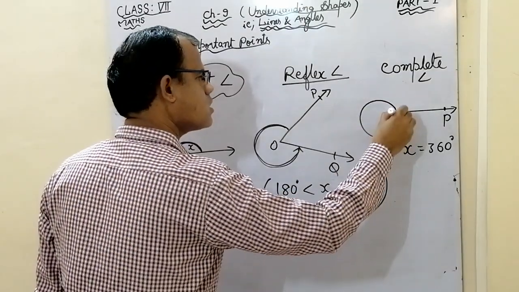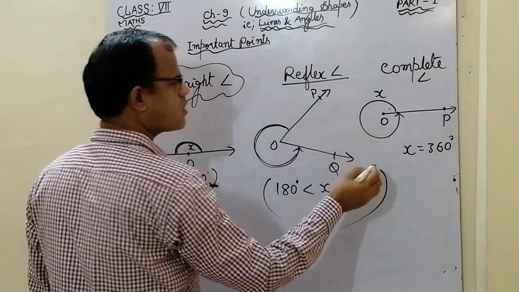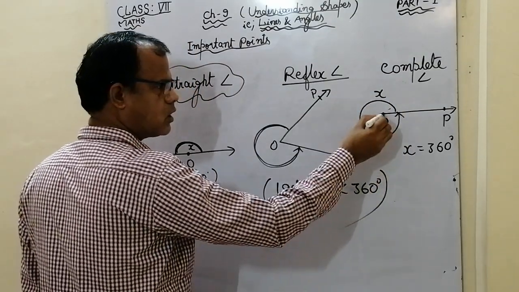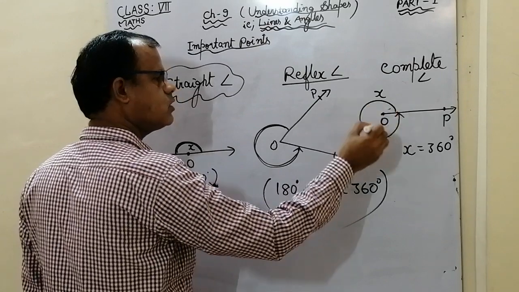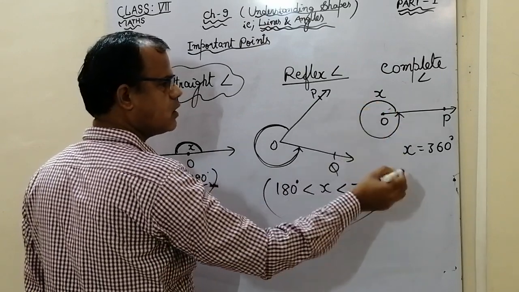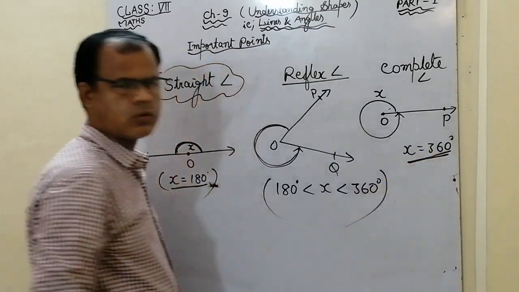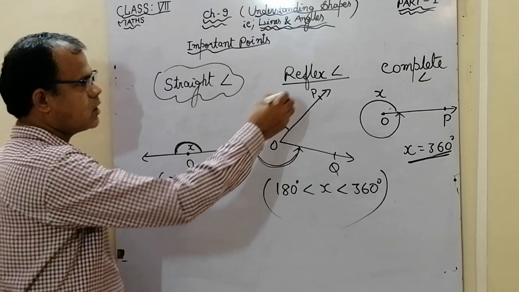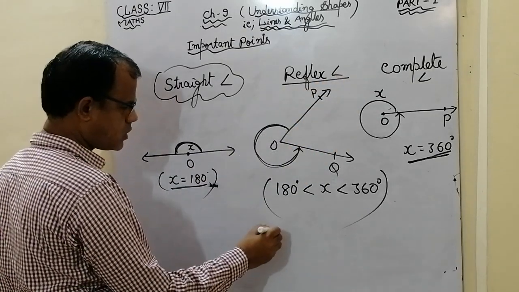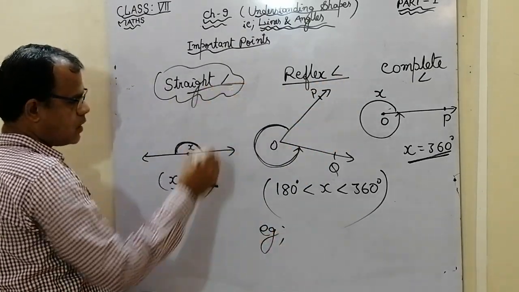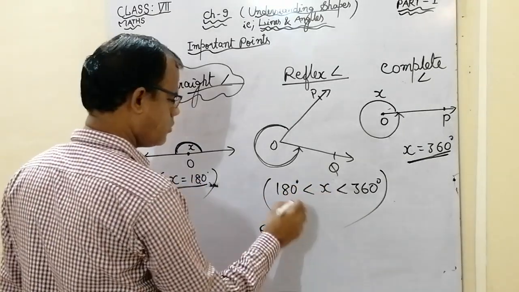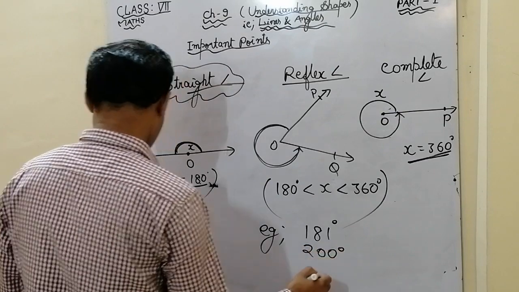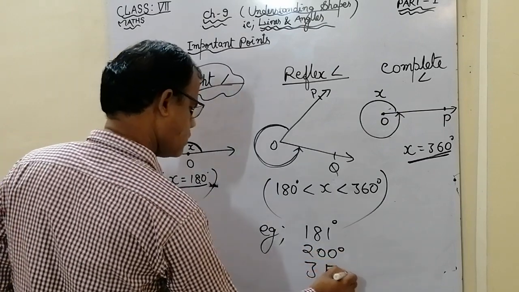Here at point O, this angle is formed, and this is a complete angle, exactly equal to 360 degrees. For reflex angle examples, a straight angle is exactly 180 degrees, but here we can take 181 degrees, 200 degrees, and 359 degrees.